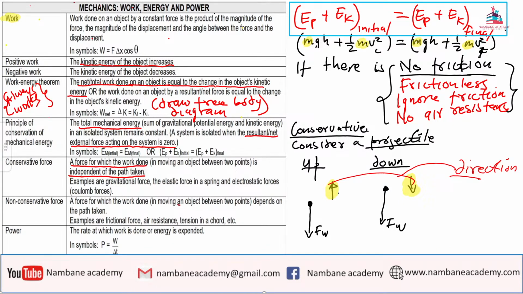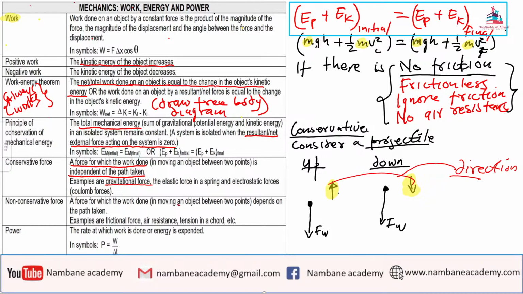Ladies and gentlemen, it says here examples are gravitational force, which is what I have just explained, elastic force in a spring, and electrostatic force or Coulomb forces. For work, energy, and power, we will forever be looking into the gravitational force.